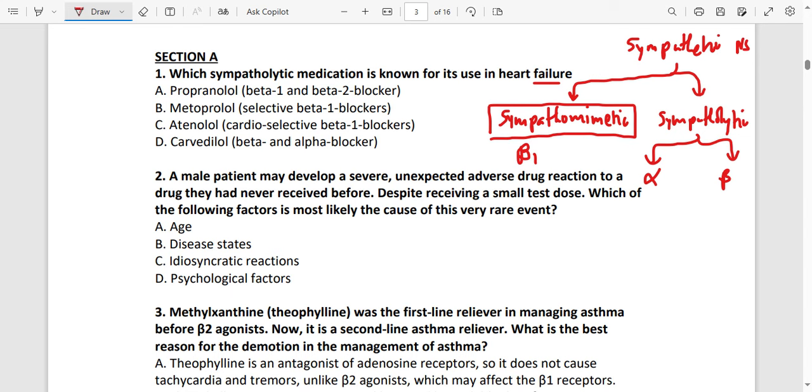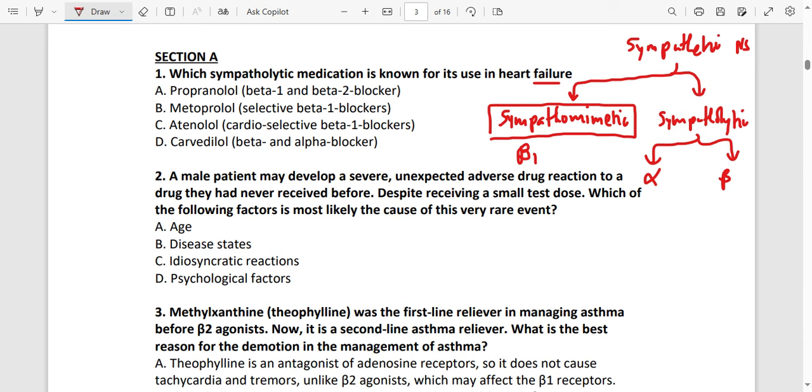Now, since we've already mentioned this, it is a good introduction. All the questions to do with beta blockers and alpha blockers will be easier, since we've refreshed our memories. So let's now answer the question: which sympatholytic medication? Here now you just want to be specific. We already know that the drugs that you can use in heart failure are those beta blocker drugs.